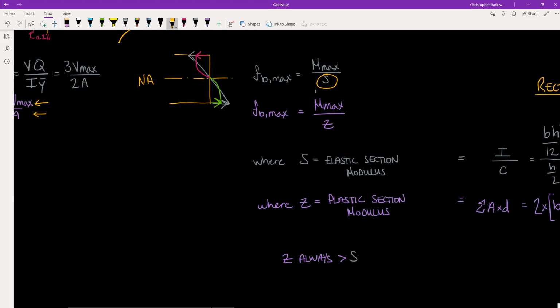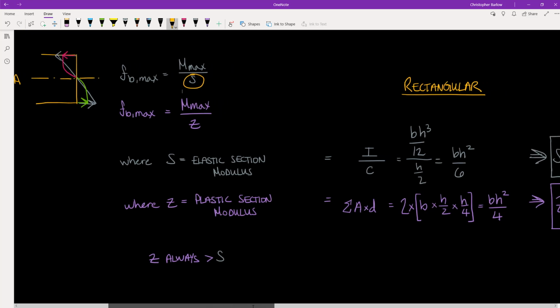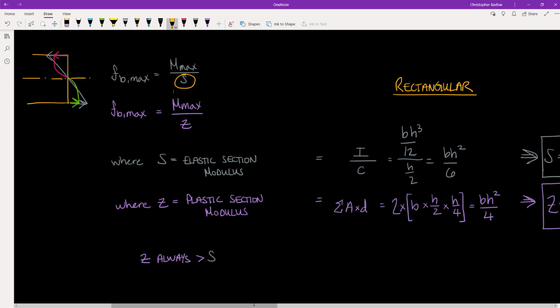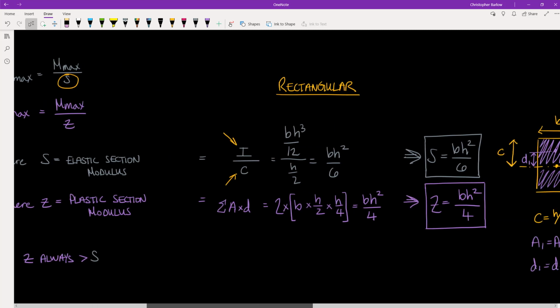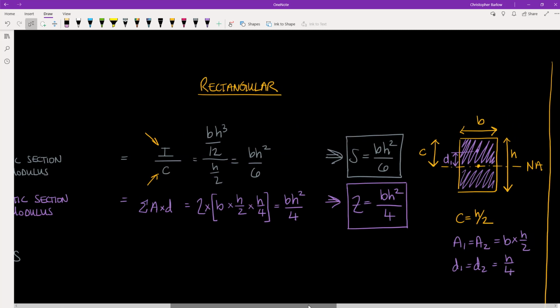Section modulus is a geometric property and is defined by the moment of inertia divided by this value c. And c is the distance from the centroid of the member to the outermost extreme fiber. Or in the case of a symmetric shape like this rectangle, it will be equal to half the height.